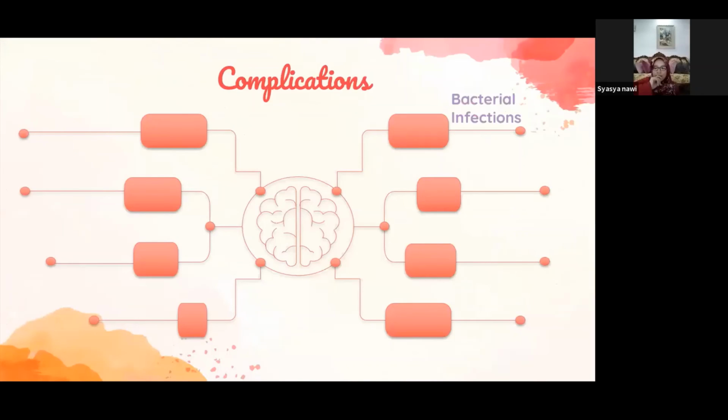Okay, for the complications, first we may have bacterial infections. Secondary bacterial infections can be due to Streptococcus and also Staphylococcus aureus, usually occurring in 5% of children with varicella. Next is herpes zoster, a very common complication of varicella that occurs later in life.